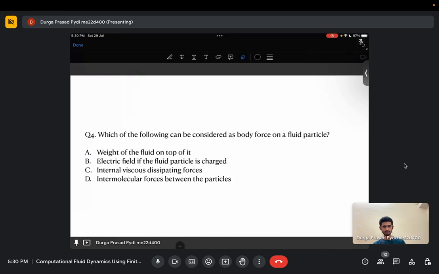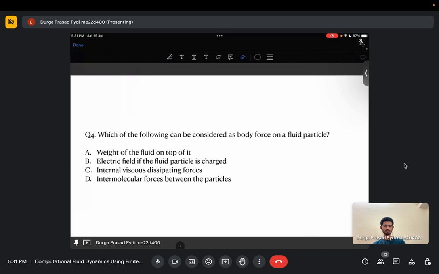Nagaraju wants to answer. Body forces mean the complete force which acts upon the complete body, like gravitation, centrifugal force, electromagnetic force, and this kind of force which acts on the complete body. Can you answer, Nagaraju, given these options?